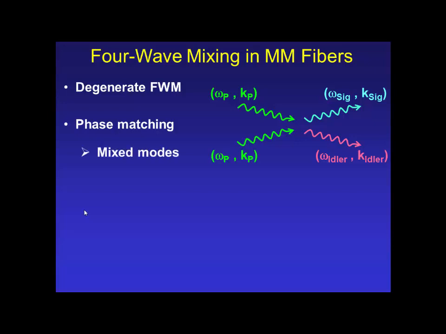However, if you have your 2 532 nanometer photons propagating in different modes, it turns out that it is possible for the dispersion between different modes to cancel the effect of the dispersion in the refractive index. So the overall effect is you do get phase matching, and that's quite a happy case.